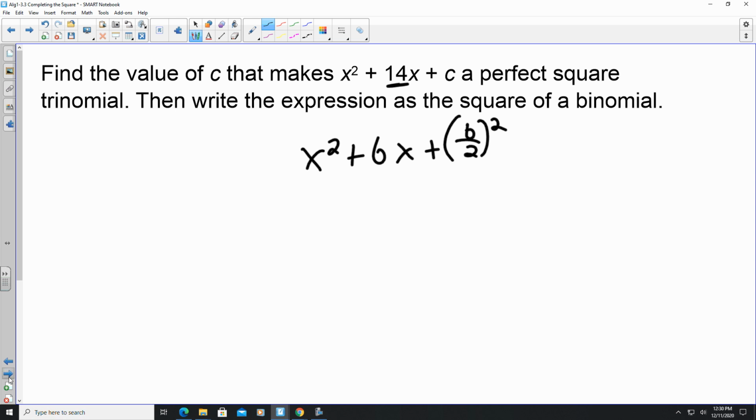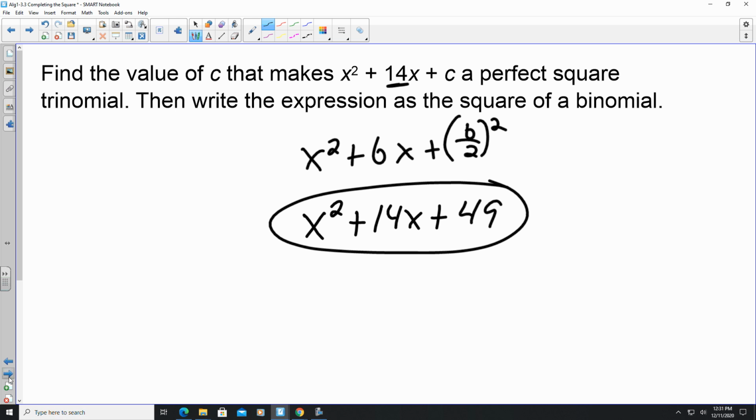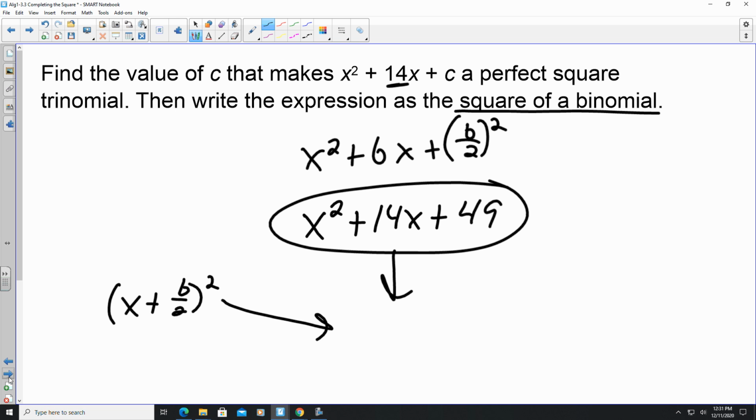So it's x squared plus 14x plus 14 divided by 2, which is 7, and 7 squared is 49. So this is my perfect square trinomial, with my value for c. For the square of a binomial, we utilize x plus b over 2 quantity squared, and that is x plus 7 quantity squared.